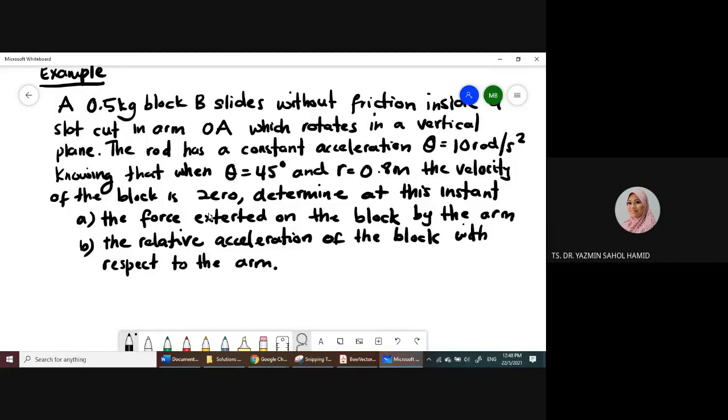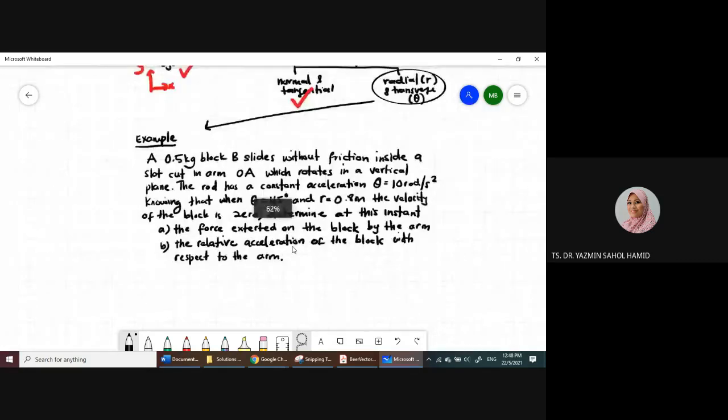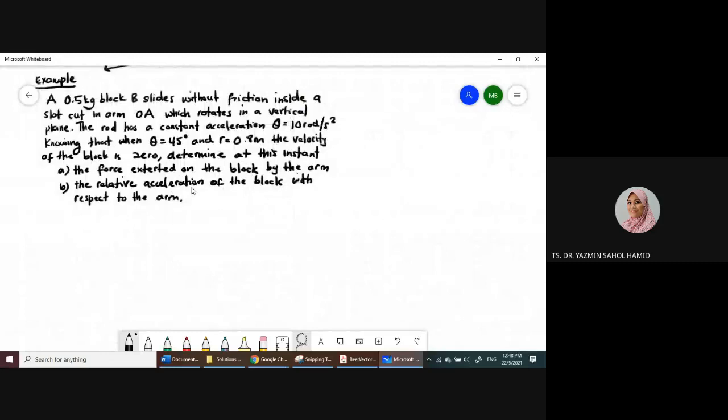Okay, all right. Let me make this a bit smaller and draw the diagram. So let's say this is the arm.